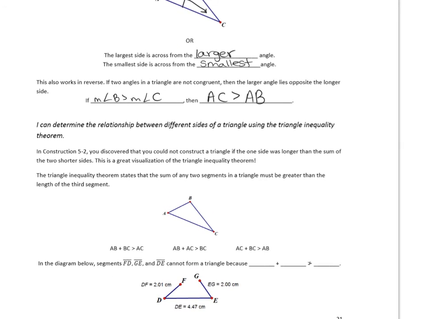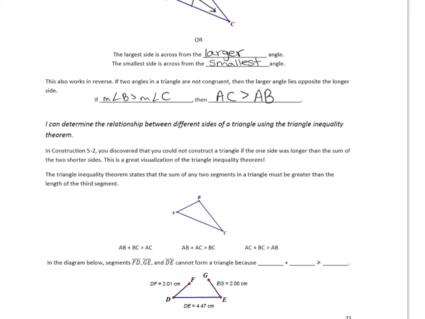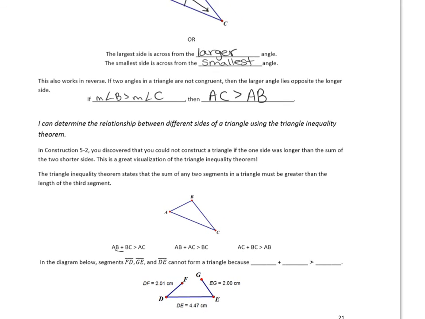So we can even take this one step further, and there's a theorem out there that says that the sides of our triangles added together have to always add together to be larger than the third side. And y'all actually discovered this in construction, not 5-2, but 3-2.